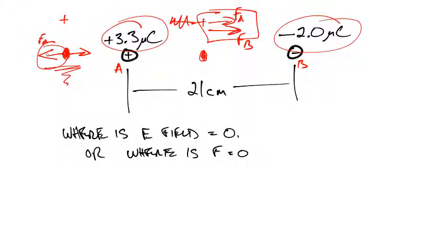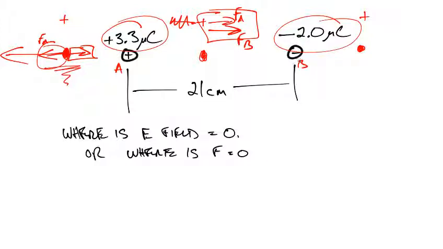So obviously this is going to be much, much larger than this little guy, which is only going to be created by a much further charge B and a much smaller charge. So therefore, I think it's pretty clear that the only place the answer could possibly lie would be somewhere over here, a positive charge. It doesn't really matter if it's positive or negative, but we're just going to contemplate positive.